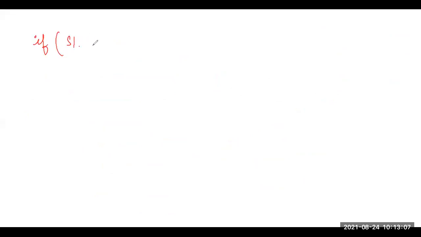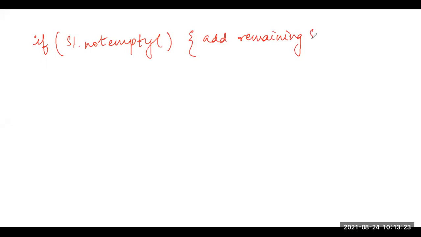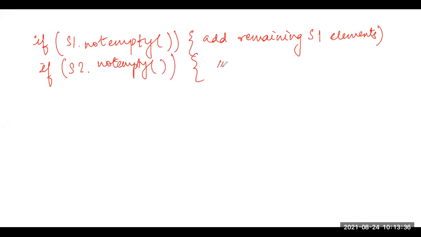So if S1 is not empty, we will add the remaining S1 elements, or if S2 is not empty, then we will add the remaining S2 elements. And after doing all this, I will finally return S.